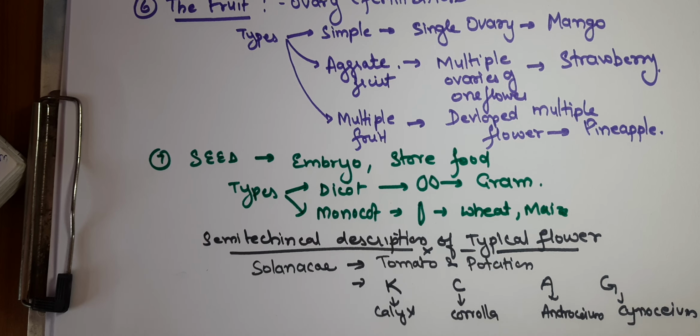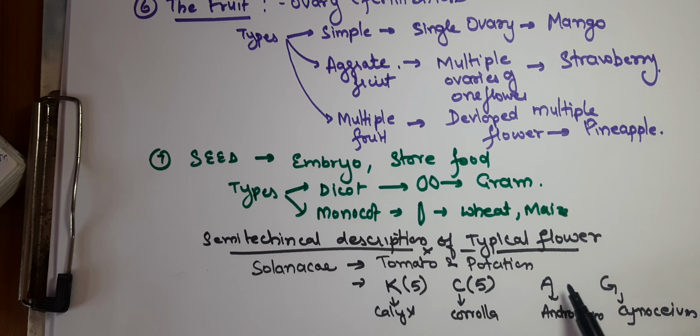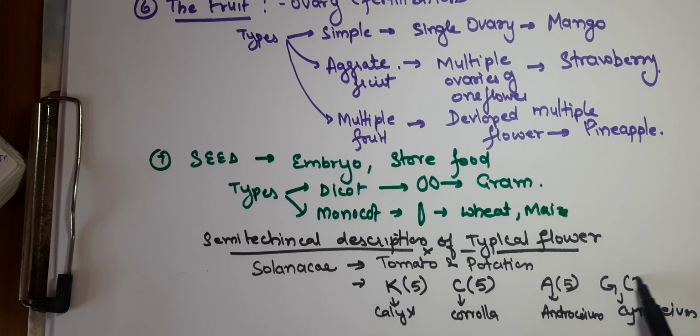If you look carefully into the flowers of tomato and potato, the calyx, the sepals, are usually 5 in number. And the same is with the corolla, that is the petals, which are 5 in number. There are 5 androecium also, and they have 2 gynoecium.